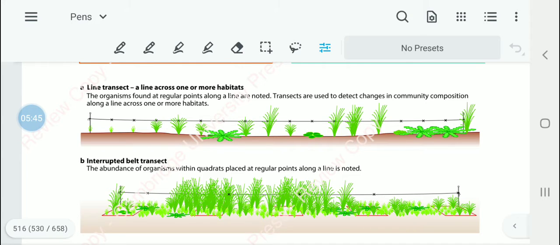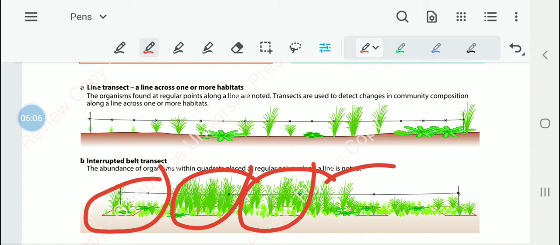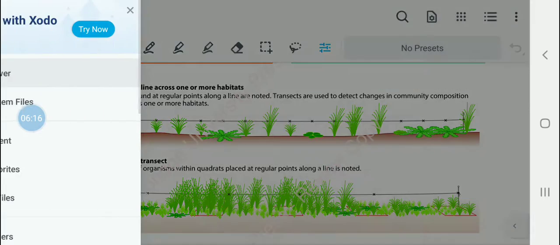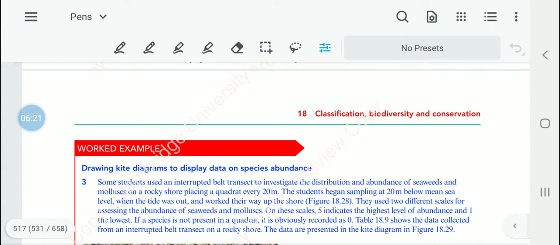Then the interrupted belt transect: as you can see, the abundance of organisms within quadrats placed at regular points along a line is noted. Here we have a single quadrat, then here another one. They are placed at regular intervals, but they are not random. Then we compare those situations, and we can figure out how they are related to one another.